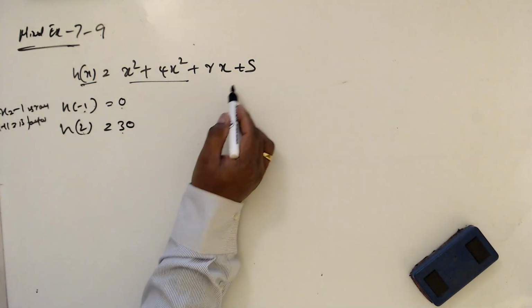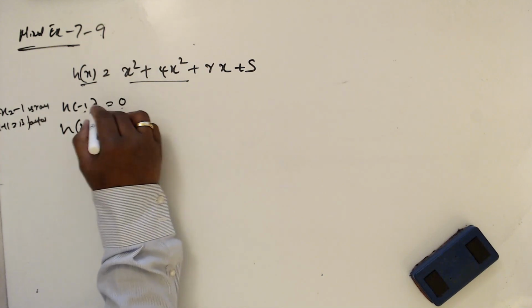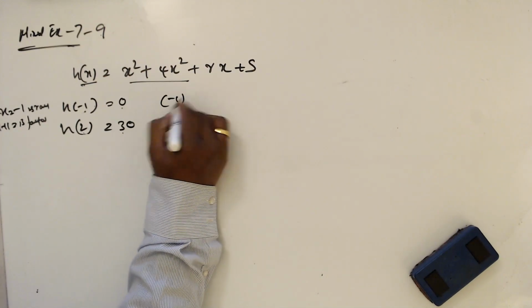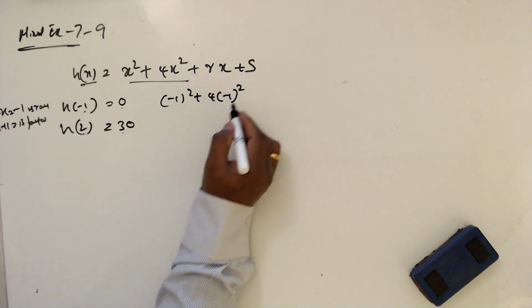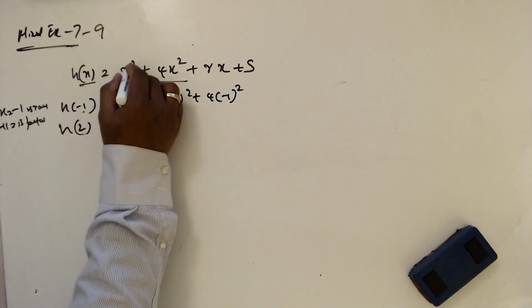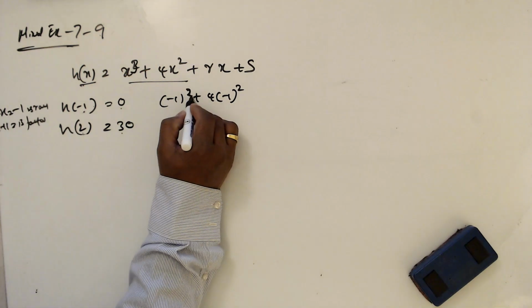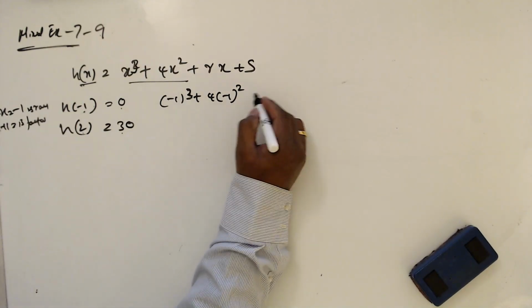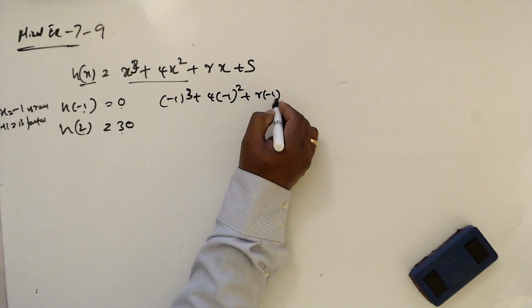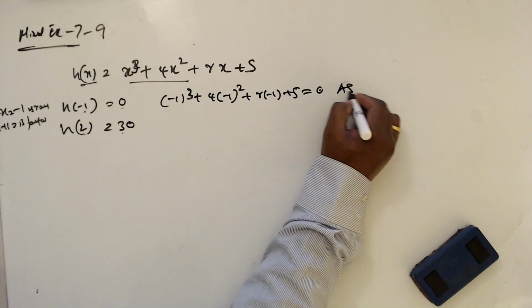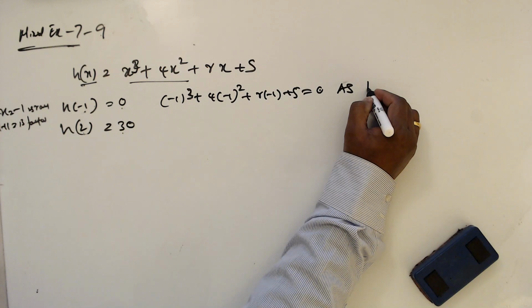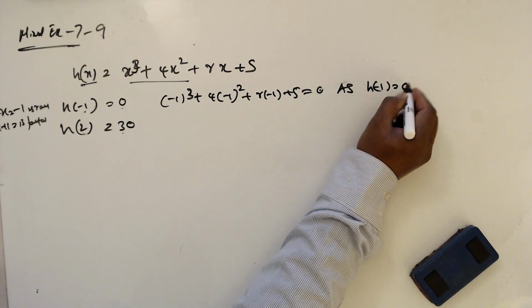I'll make it equal to 0. So minus 1 squared plus 4 times minus 1 squared. Let me check, this is x cubed, so minus 1 cubed plus 4 times minus 1 squared plus r times minus 1 plus s equals 0, as h of minus 1 equals 0.